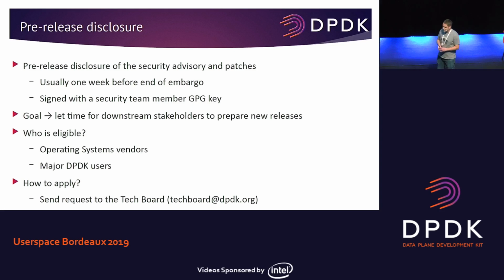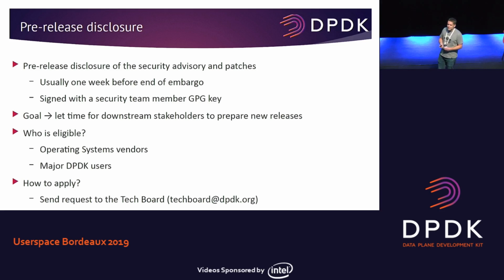So when the fix is ready, and usually 1 week prior to the end of the embargo, the security team will send a pre-release disclosure email to a dedicated mailing list.